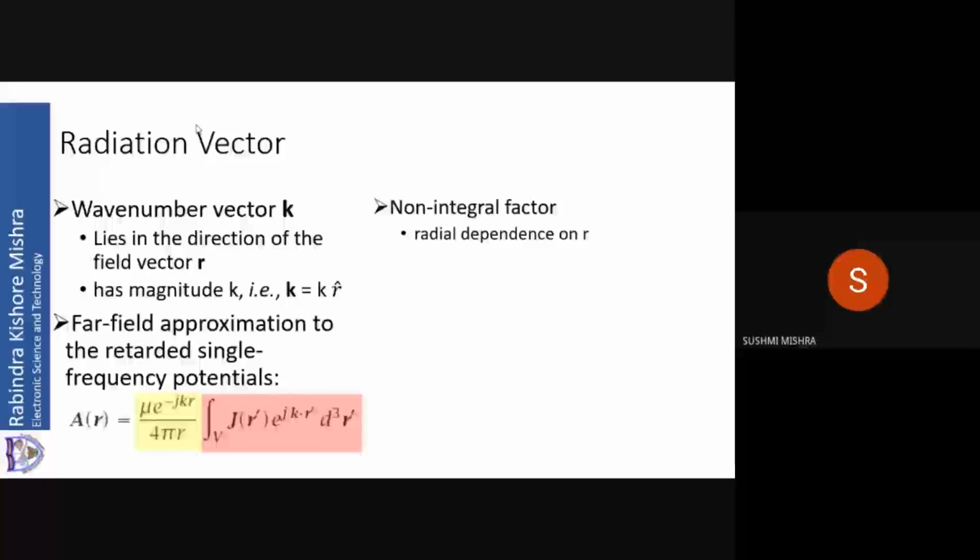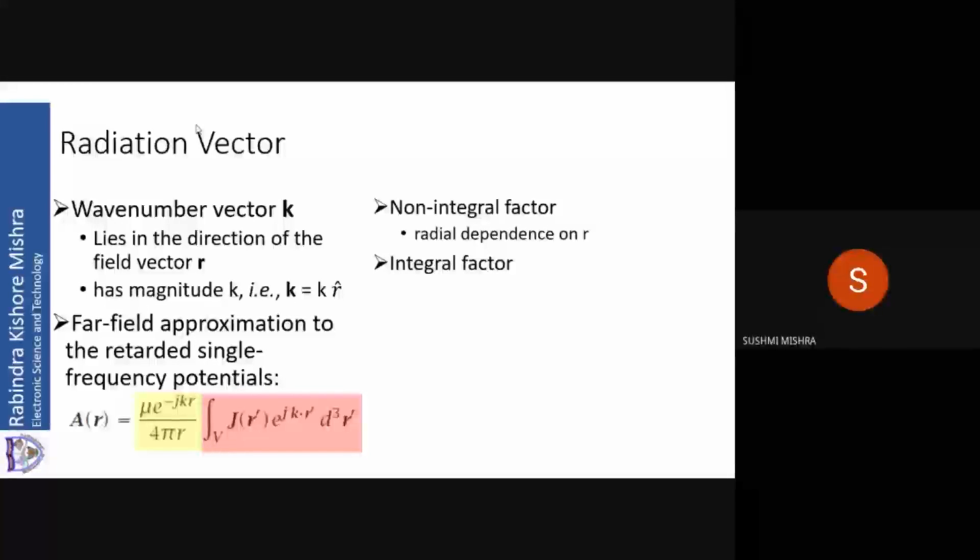The first part, which is in the yellow, is not contributing to the angular field distribution at all. But the integral factor, which is in the pink, contains the angular dependency, because in the exponent term we have k dot r dash. So that is where the angular dependency is hidden.